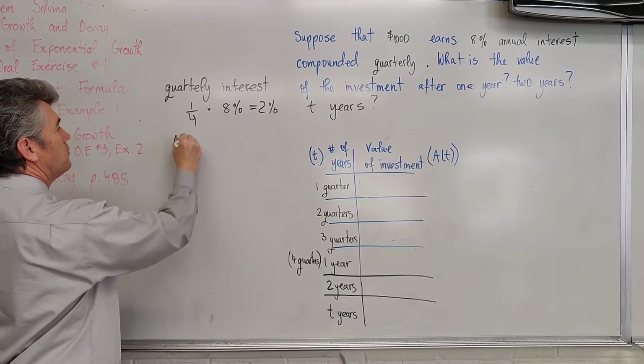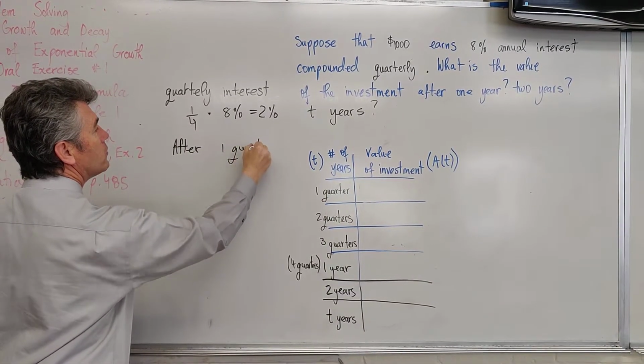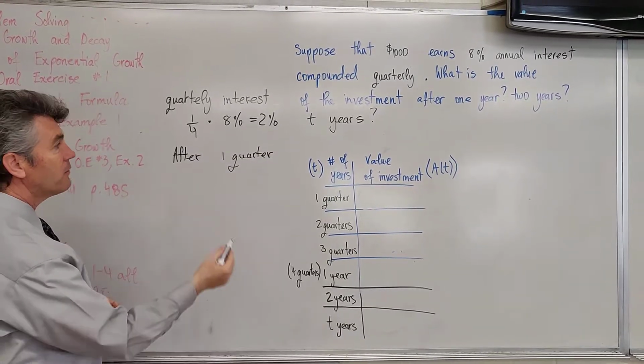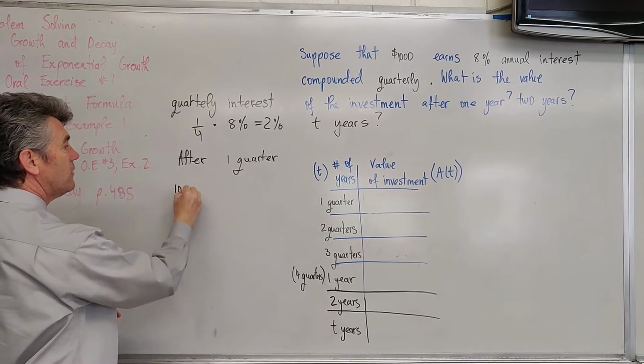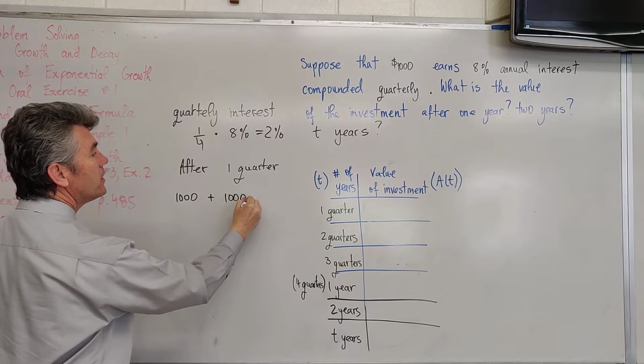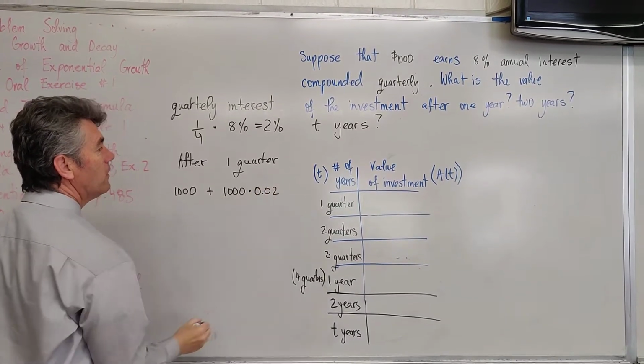Now if we want to figure out how much money there is after 1 quarter, the amount of money that we actually have is the amount of money that there was initially, 1,000, plus the amount of money earned during this quarter, which is 1,000 times 0.02.